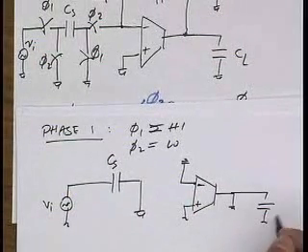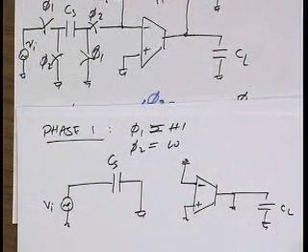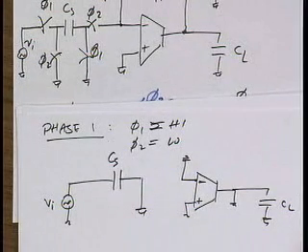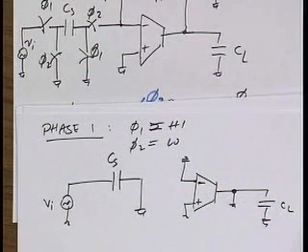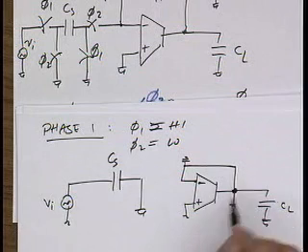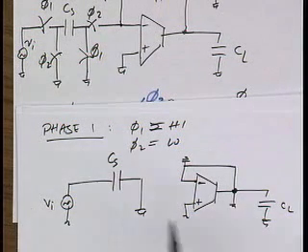So the output capacitance is discharged through this path. Okay, so I can actually redraw this like that. So my op amp, my OTA, is in unity gain mode, but with the output shorted.